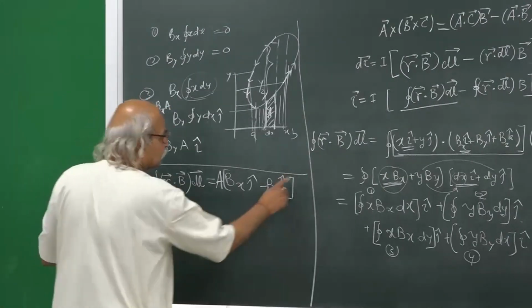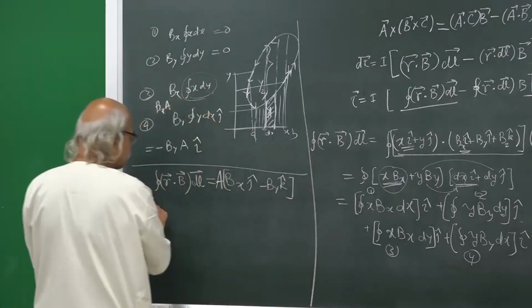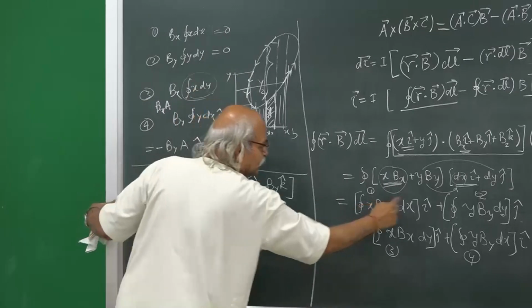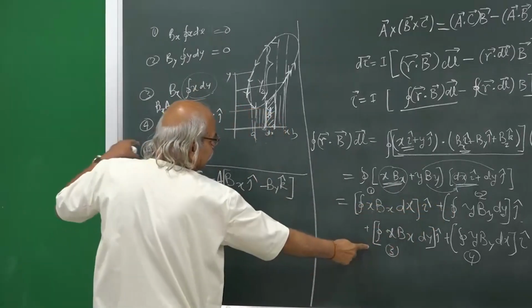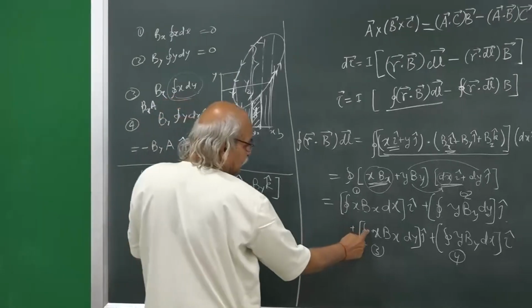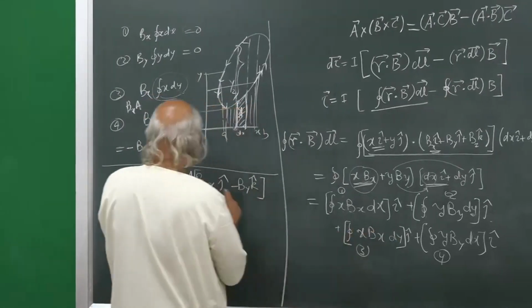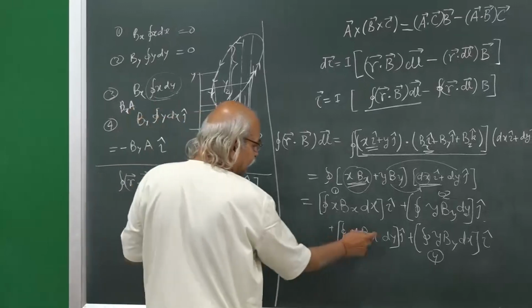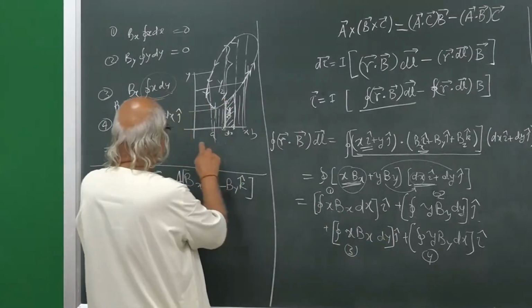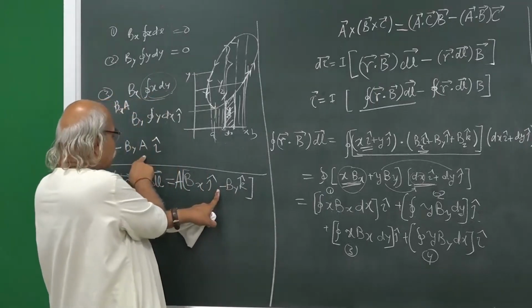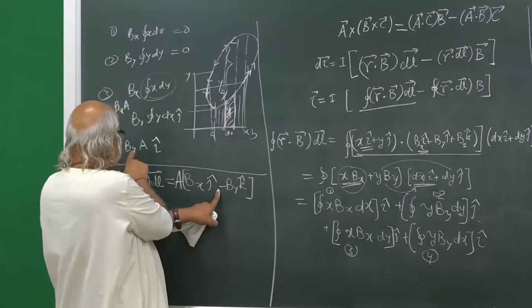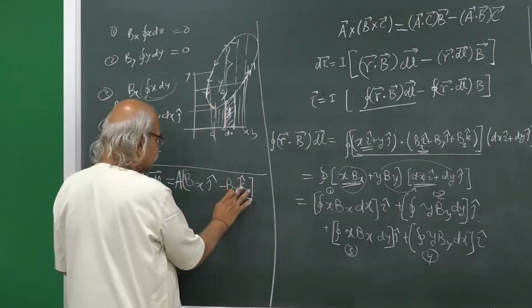So r dot b dl equals: 1 and 2 are 0. Then this 3 is bx, and x dy is the area a, so bx a j cap, and then this one is minus a by I cap.